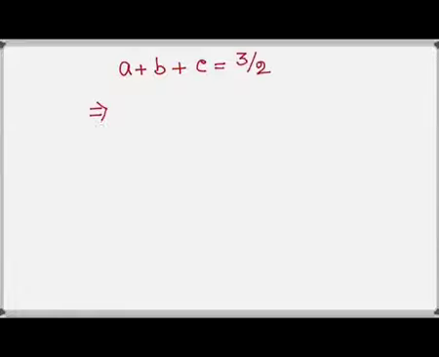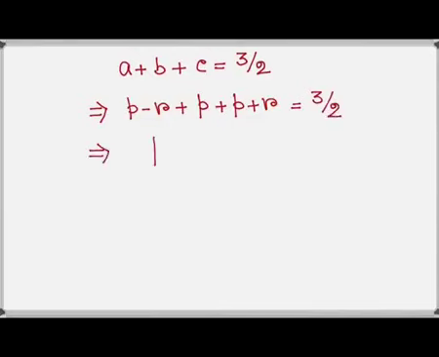So therefore we get P minus R plus P plus P plus R is equal to 3 by 2. So from here we get that P is equal to 1 by 2. Note that this is the value of B also.